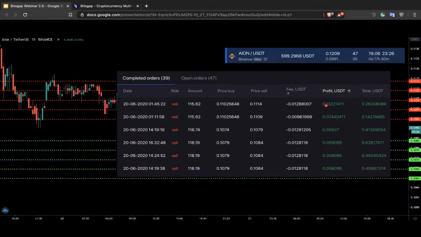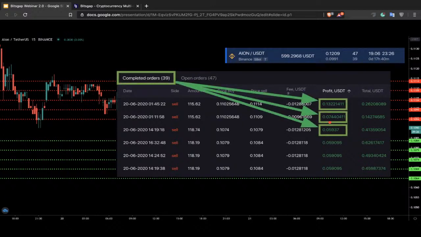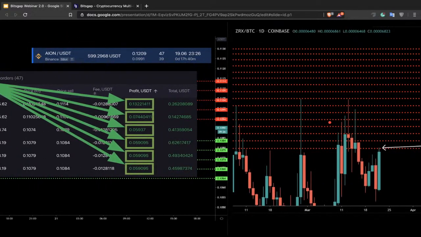It can be like 20 sell orders executed within only 1 hour. So multiply this profit by 20 and you will get your hourly rate of return. But what I'm showing you here is just to demonstrate the logic of fractionate profits generated by the bot, which added up together, they sum up into a big profit. As simple as that. All right.